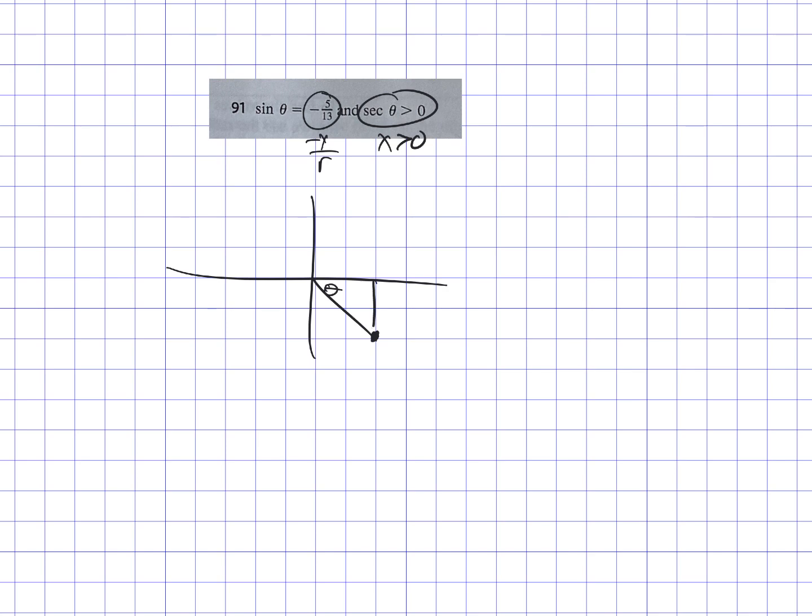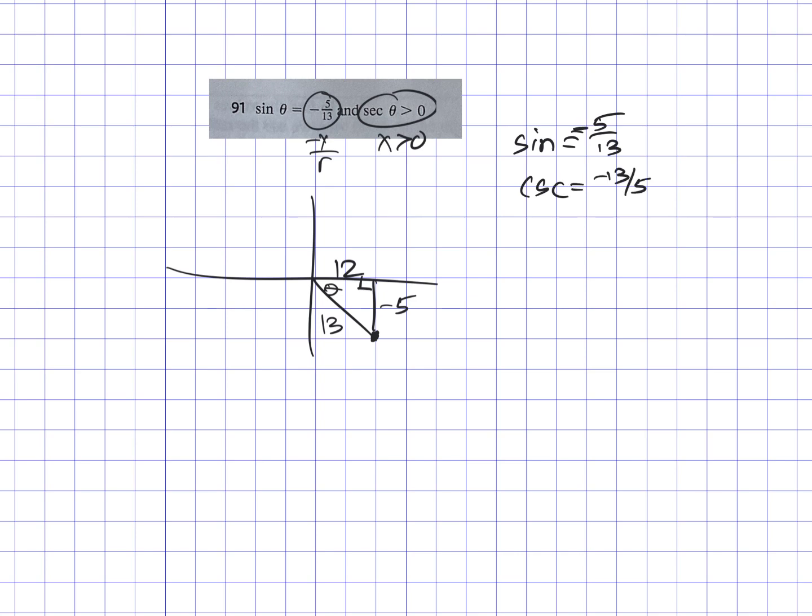All right, so that means y is negative 5, radius or hypotenuse is positive 13, and we need to figure out x. All right, this is a 5, 12, 13 triple, so you need the Pythagorean theorem to figure it out to make sure I'm right, but that's what it is. All right, so we already have the sine is negative 5/13, so the cosecant is going to be negative 13 fifths.